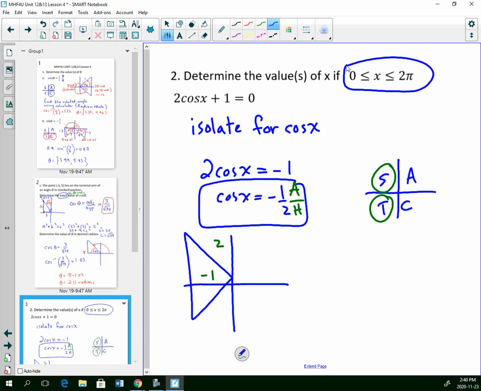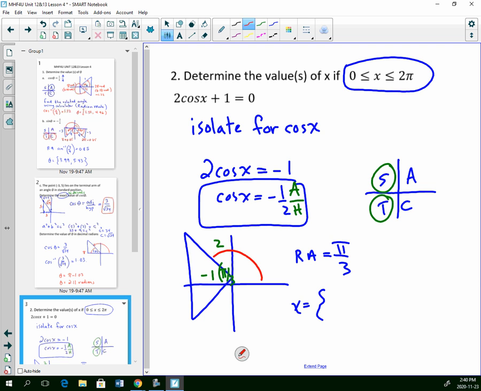Looking at this, this looks like one of my special triangles. So I can determine my related angle using my pi over 3 special triangle. So this angle here is pi over 3. I just look at my special triangle and see if it matches up. So if that is pi over 3, now I can solve for x.